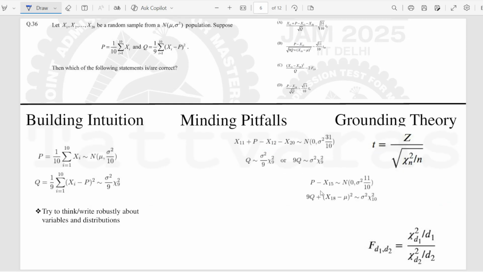Similarly, when we look at the other option that we have to evaluate, this is following this distribution and this is following this distribution.